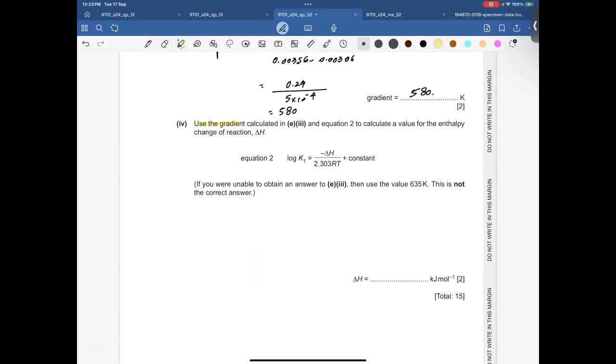Use the gradient calculated in part E3 and equation 2 to calculate the value of the enthalpy change of reaction, delta H. So this must be your y-axis. This must be your c, y-intercept. This must be your gradient. And 1 over T is basically your x-axis. Okay.